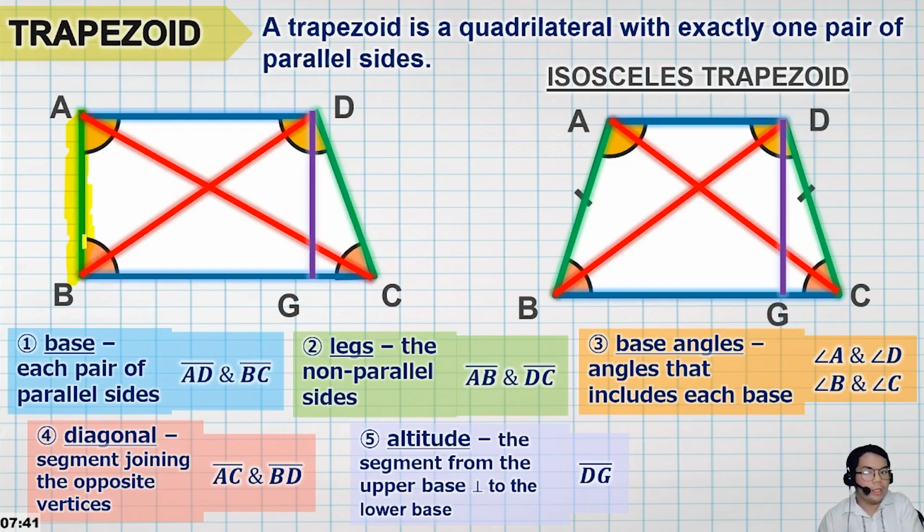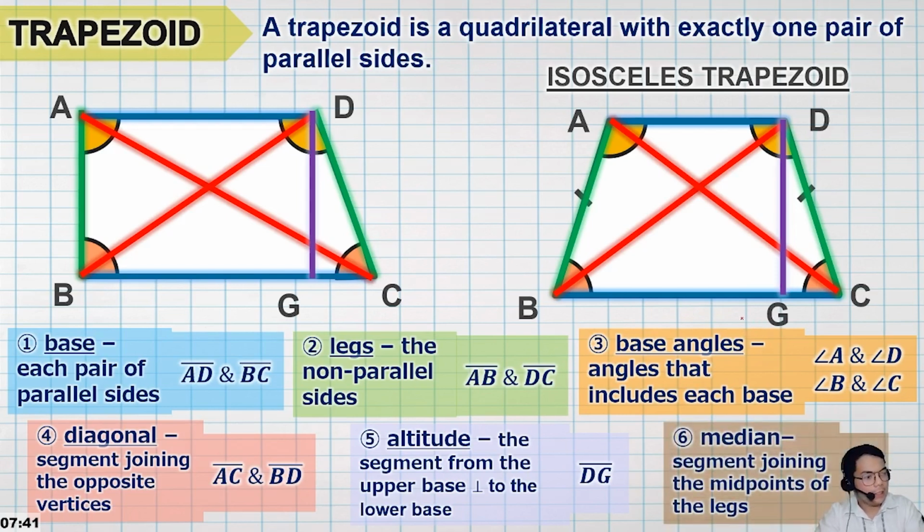That can also serve as your altitude when it comes to this regular trapezoid. Pero dito sa isosceles trapezoid, pwede rin dito sa kabila. Yan. So that will also serve as your altitude or height. Remember that it is always perpendicular to the lower base of your trapezoid. So it creates a right angle on the lower base of the trapezoid.